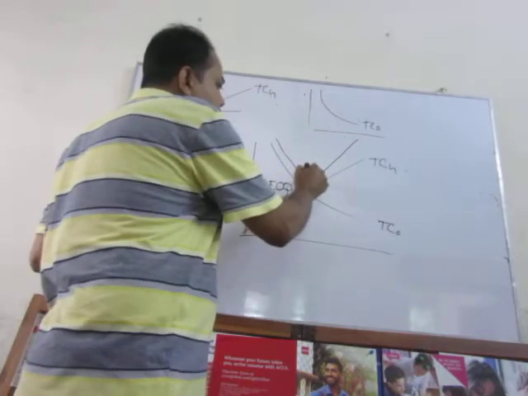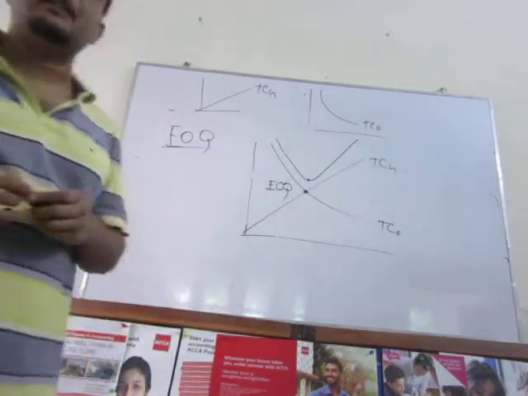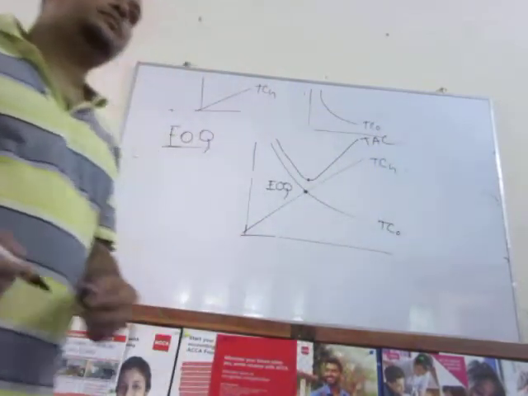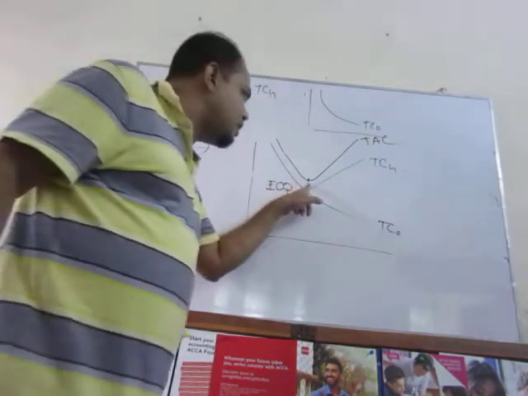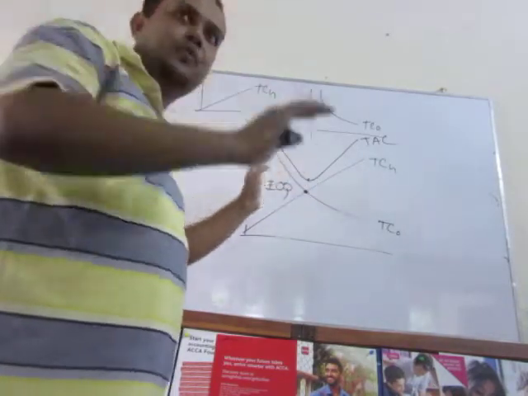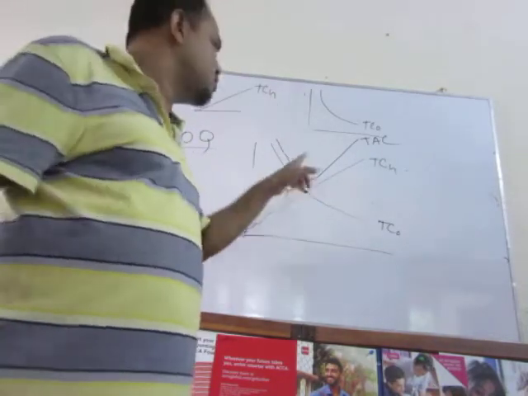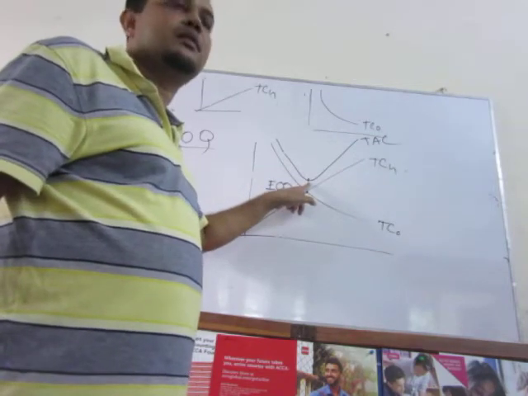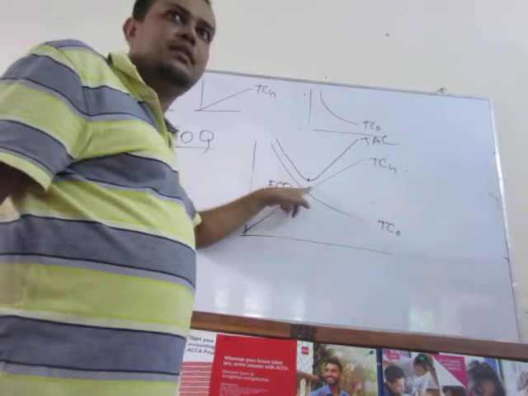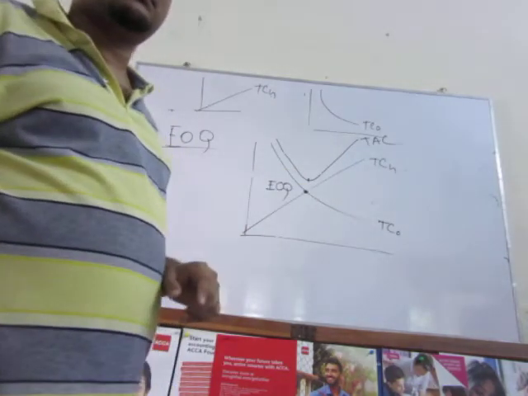So this is the EOQ, and this level is your total TAC, total annual cost. We assume that this is the minimum level of cost. If you go upward or downward, in every case the cost will be much more than this. Go here, the cost is here. Go downward, the cost is here. This is the minimum cost. Clear?